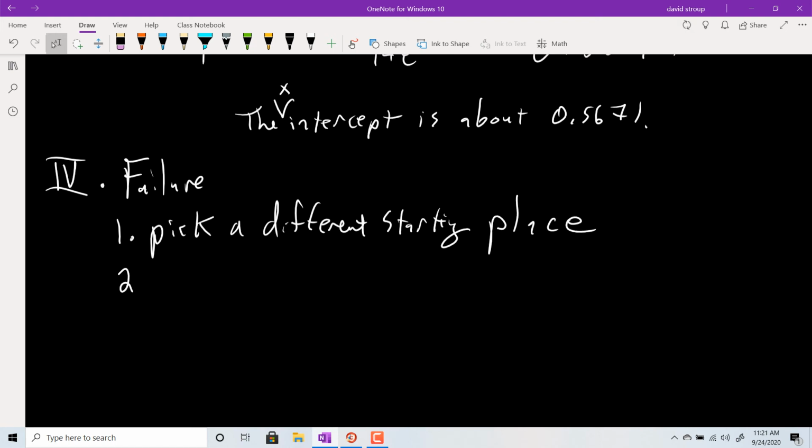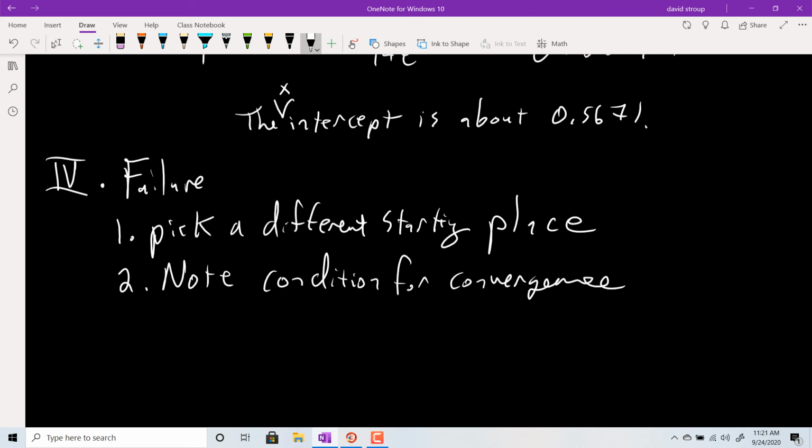And then secondly, there are some conditions you can check if things get really bad. So conditions for convergence, which just means the number gets closer and closer to something. It's like an idea of a limit.